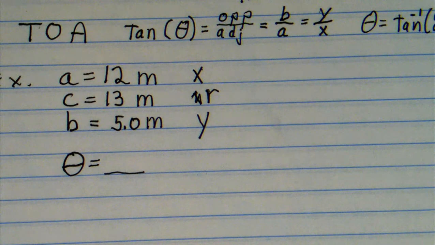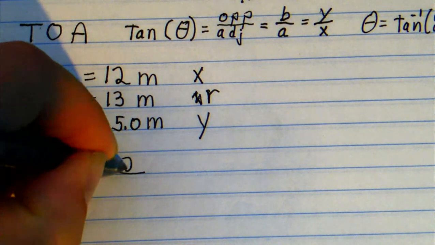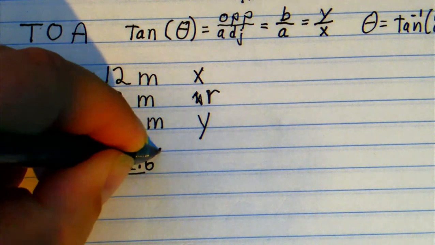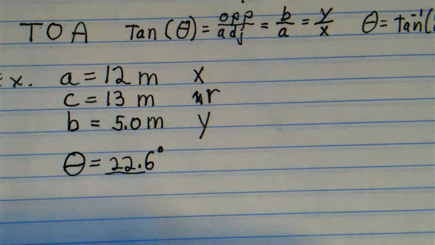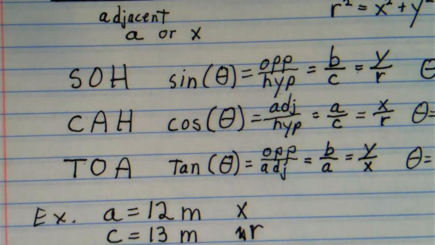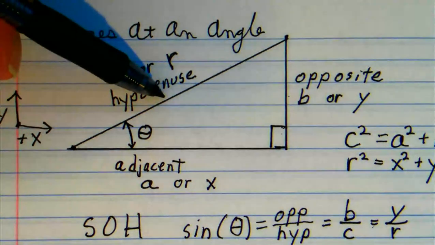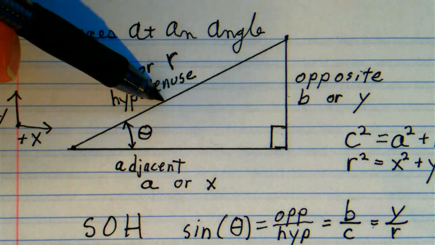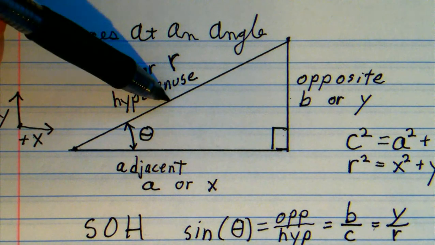0.5. Where do you come up with stuff like that from? It's 22.6 degrees. Now there's three ways you can get the answer. You could take the inverse sine of 5 divided by 13. You could take the inverse cosine of 12 divided by 13.